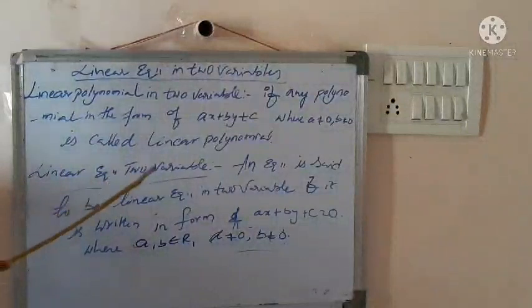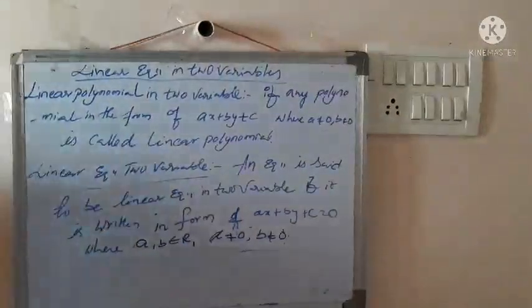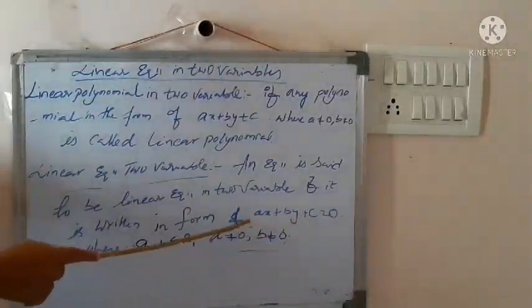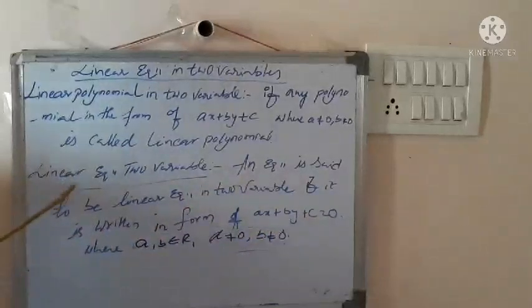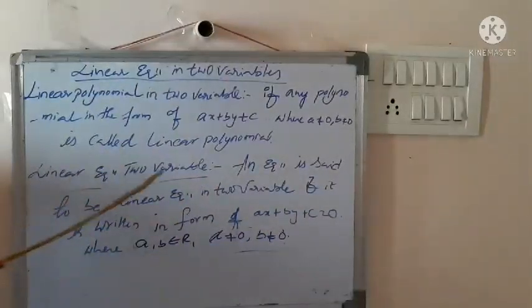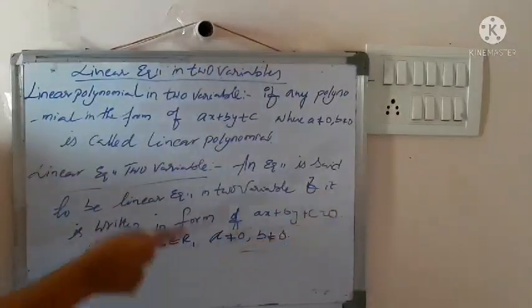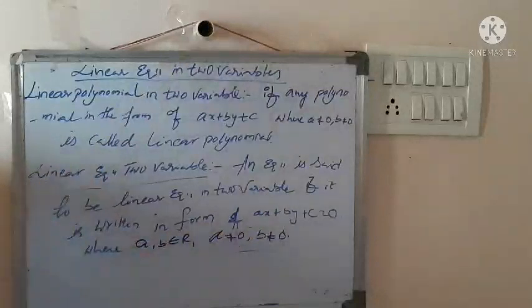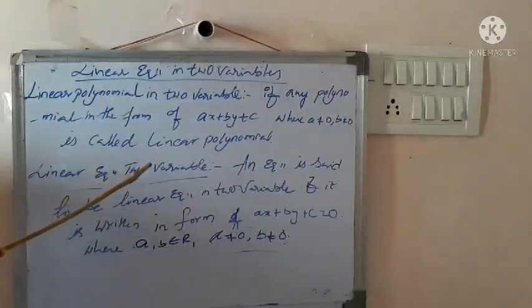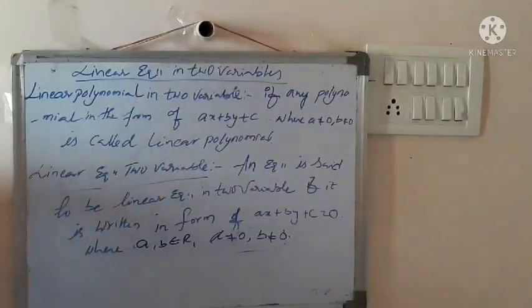This is called the general form of linear equation in two variables: ax plus by plus c is equal to 0.